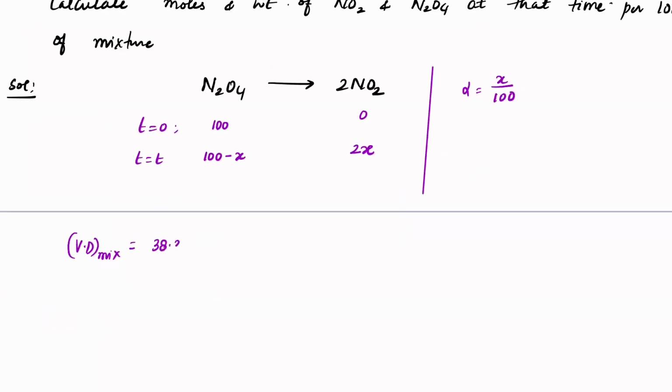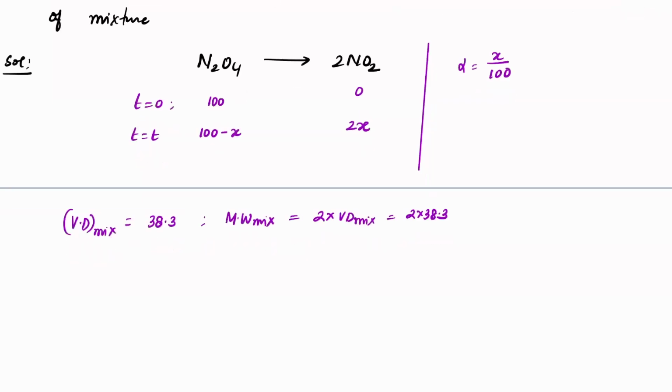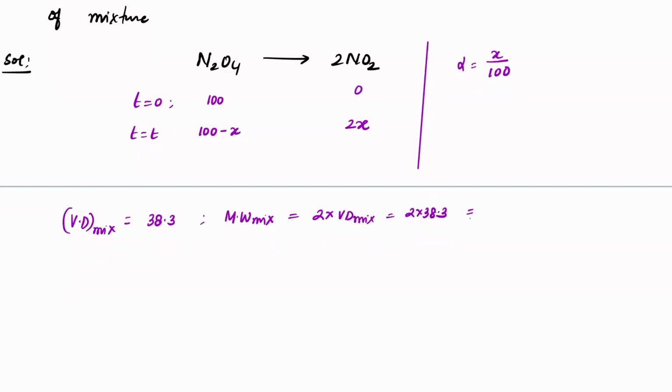Which makes the molecular weight of the mixture 2 times the vapor density, which is equal to 2 times 38.3. So 76.6 is the molar mass at the equilibrium.